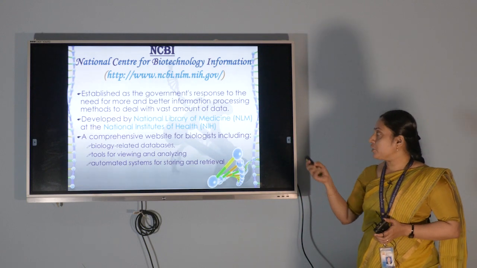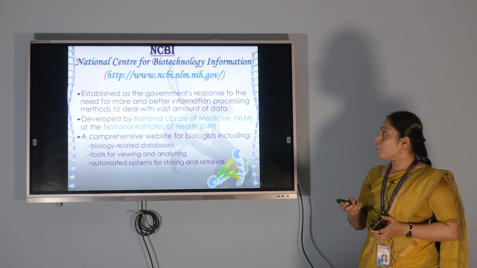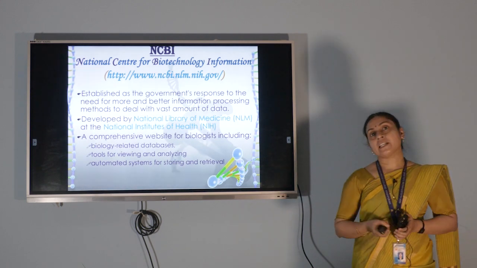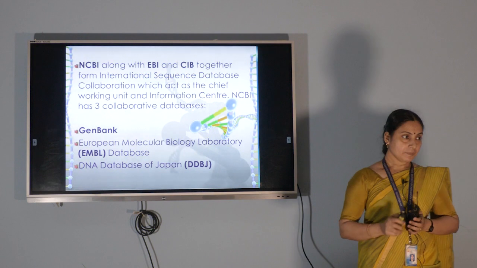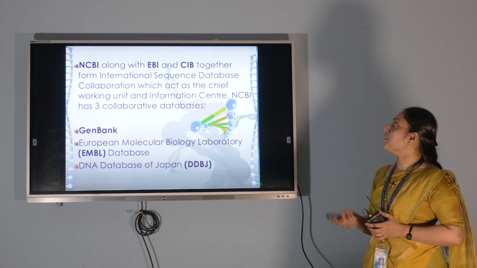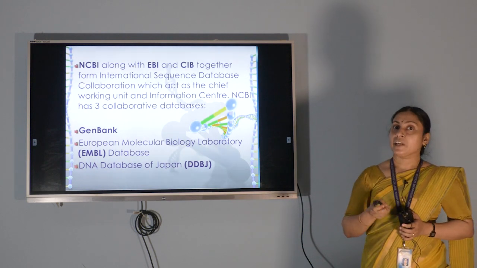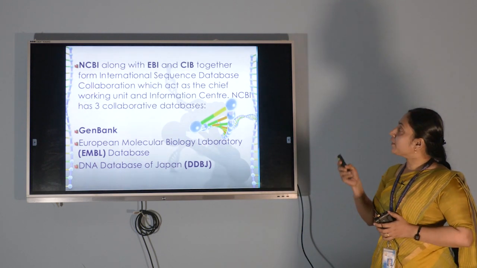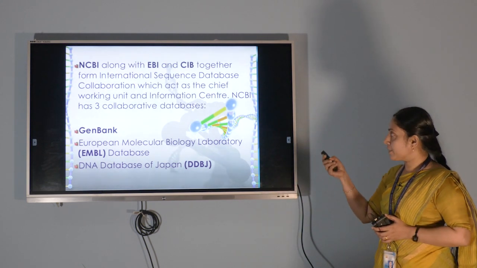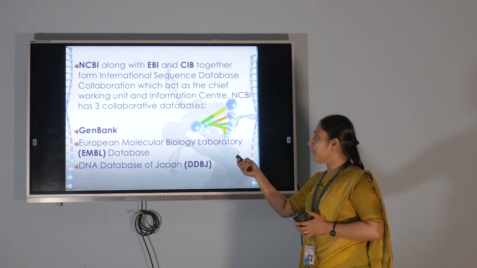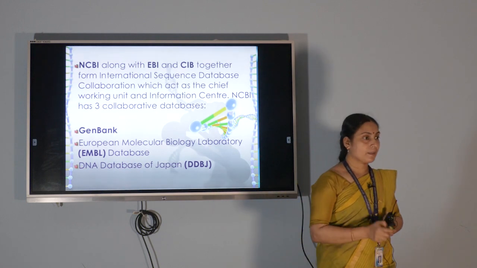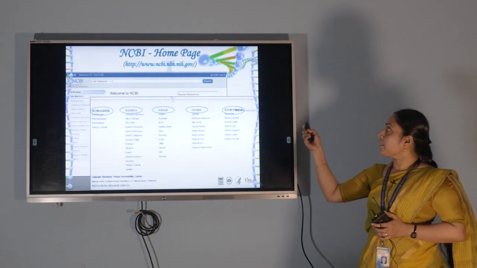It's a comprehensive website, including biology related database information, tools for viewing and analyzing, and an automated system for storing and retrieving data. NCBI, along with the EBI, European Bioinformatics Institute, and CIB, Center for Information Biology, together form the international sequence databases collaboration. It mainly has GenBank, EMBL, and the DNA Data Bank of Japan, that is the DDBJ.